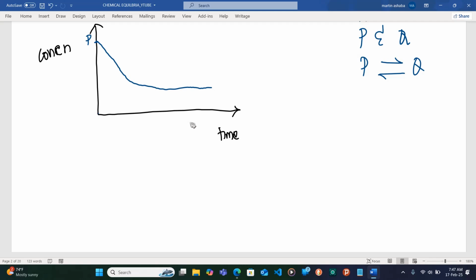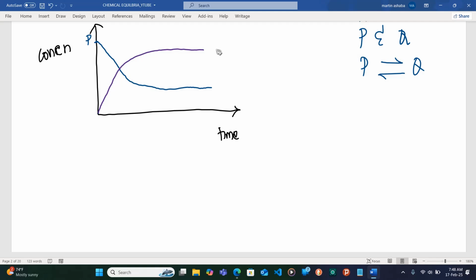And if you have visited the topic of rates of reaction, you'll find that we have products and reactants. The products are going to be increasing and the reactants are going to be reducing. You'll find that you have either an exponential decay for reactants and an exponential growth for products. So likewise for Q, we are going to have something like this.